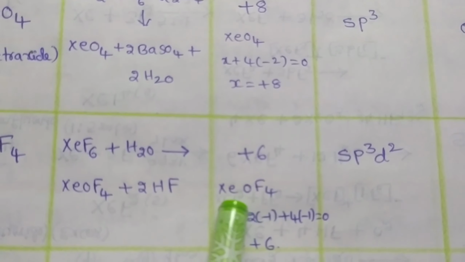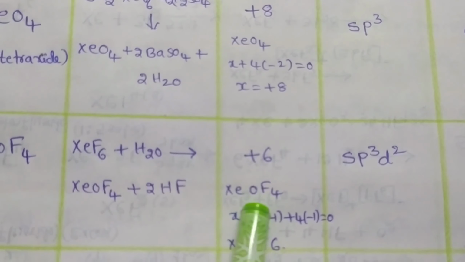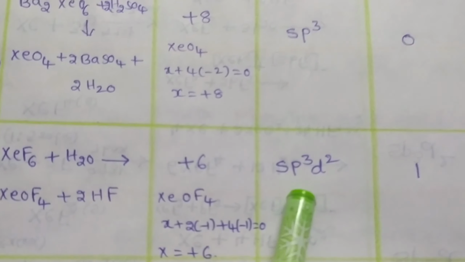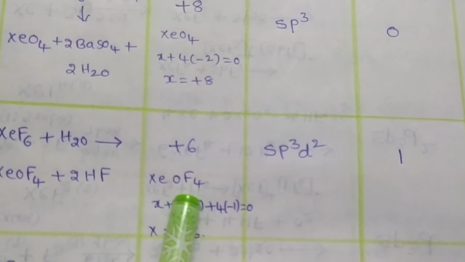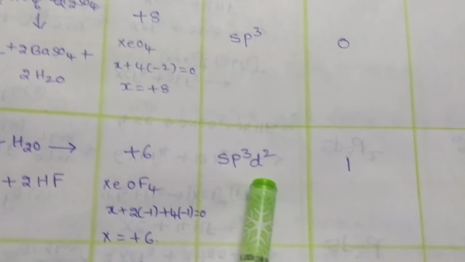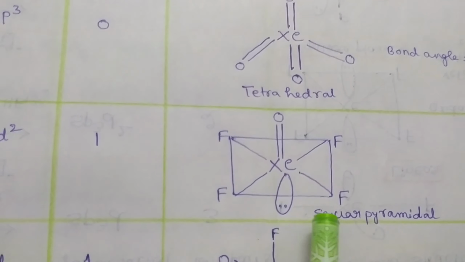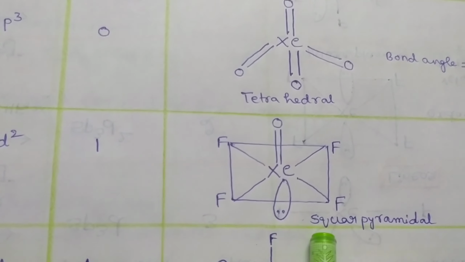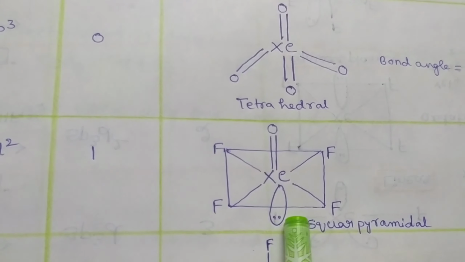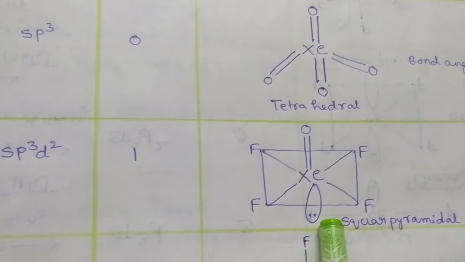Oxidation state: the xenon oxidation state in XeOF4 compound is equal to +6. Hybridization: xenon oxytetrafluoride shows sp3d2 hybridization. When we observe the structure here, xenon oxytetrafluoride is a square pyramidal shaped structure. Here, this compound contains one lone pair of electrons.